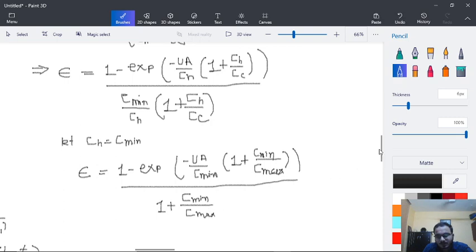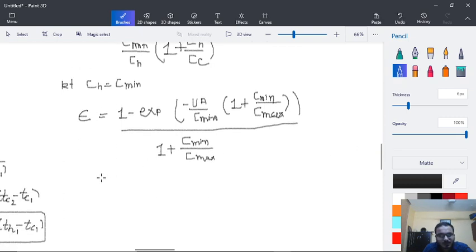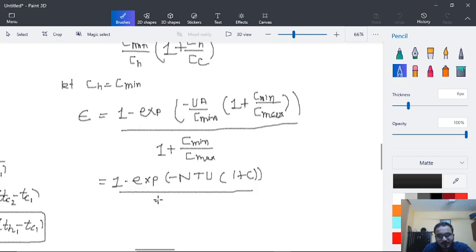So finally we will get 1 minus exp of minus NTU into 1 plus C, divided by 1 plus C.